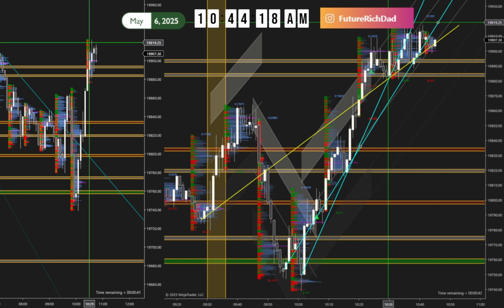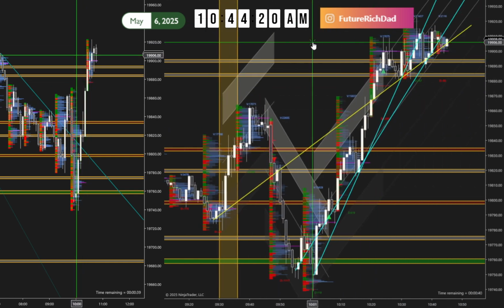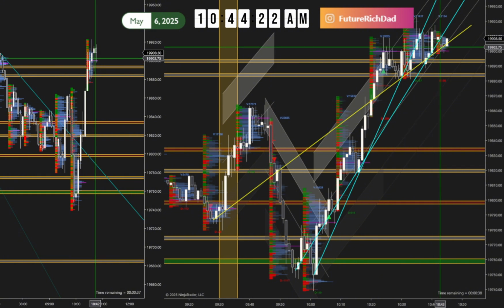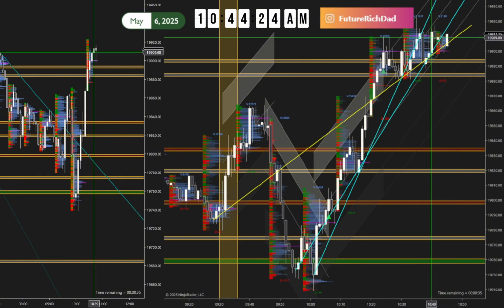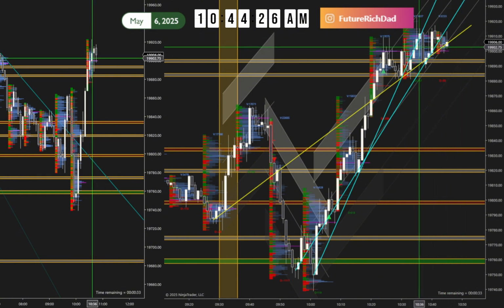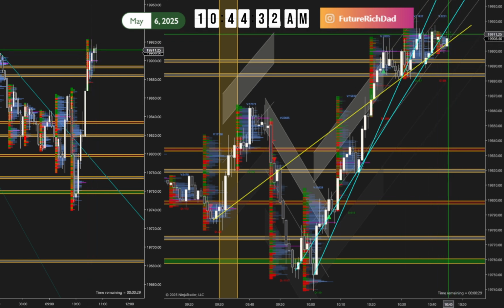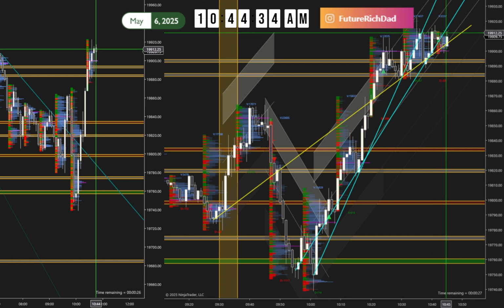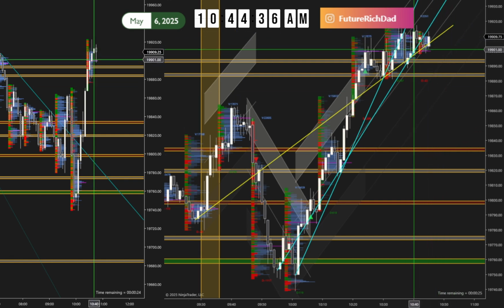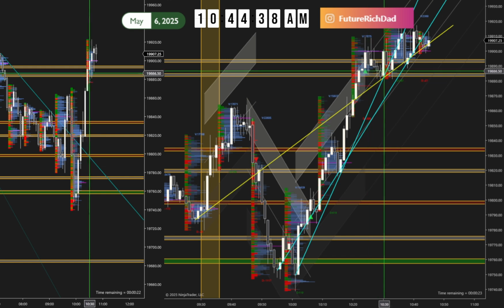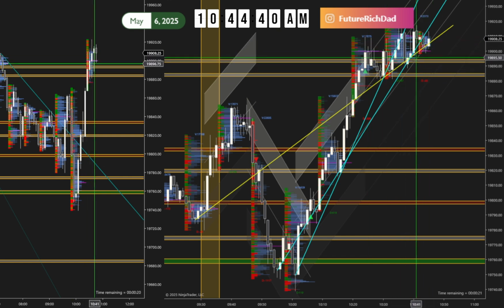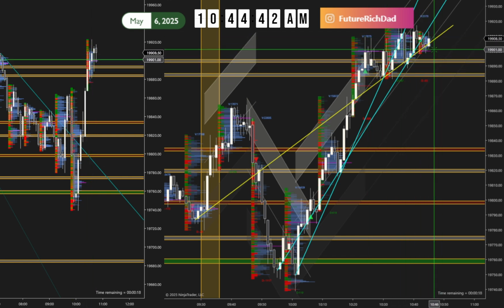So it looks like we are moving up, so there might be orders being placed to move to the downside or people getting out. And looks like we had a strong rejection there, so there's a possibility that we are heading towards the downside, with people getting out of their big buy orders. So let's see.